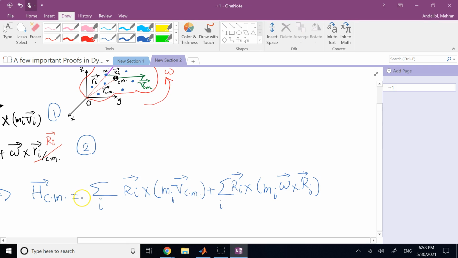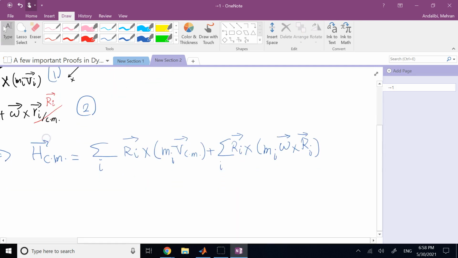I can take it out of the cross product. So I can write this term here as summation MiRi cross VCM, and bring VCM out of the summation because it has nothing to do with I.